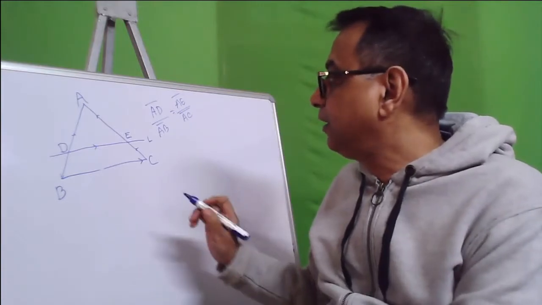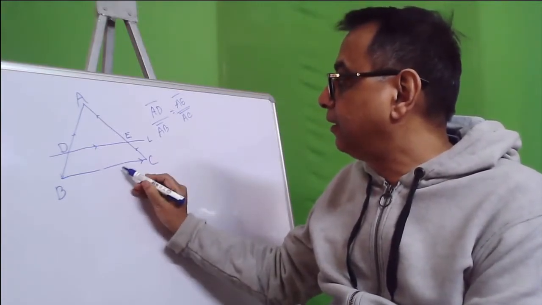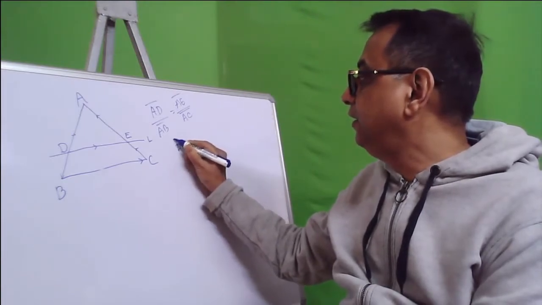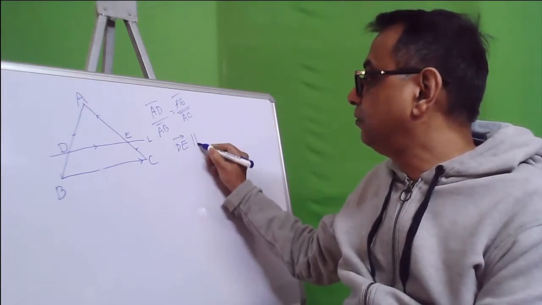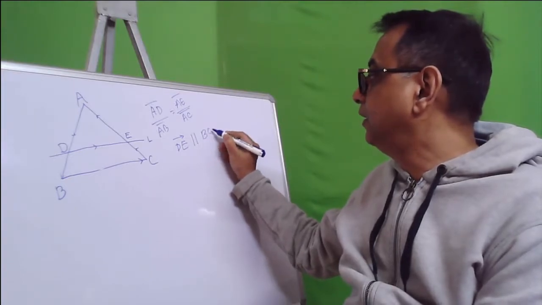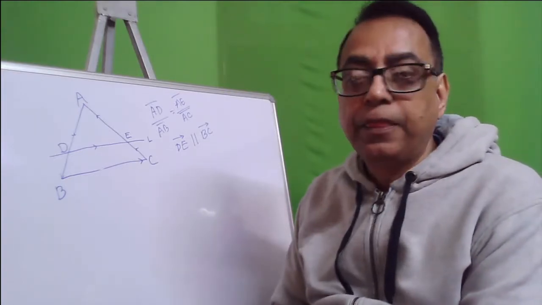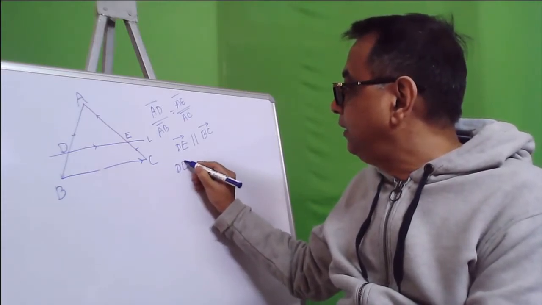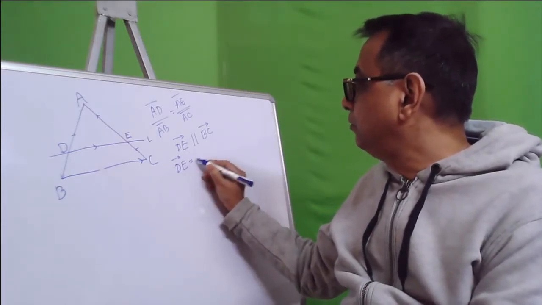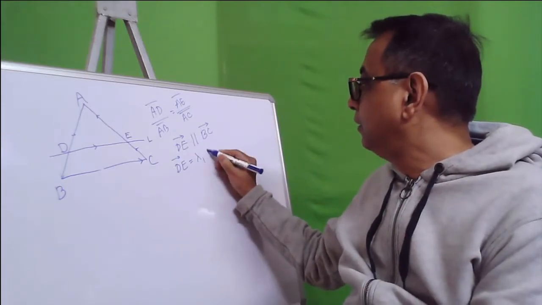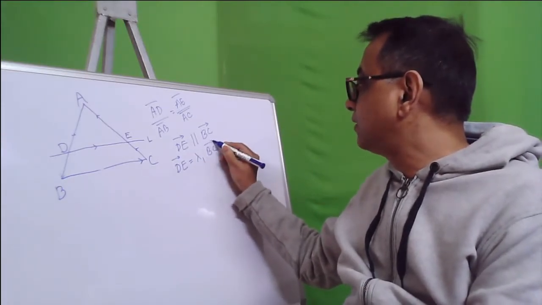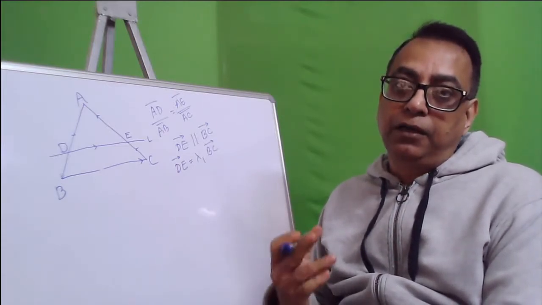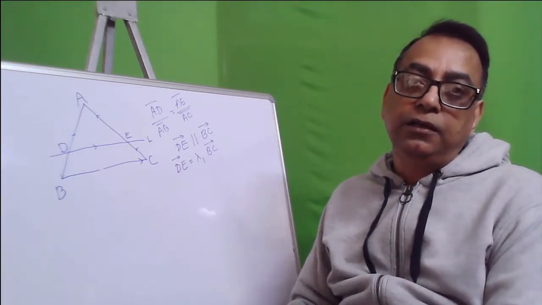Now what has been given? Given is that L is parallel to BC. So we can say vector DE is parallel to vector BC, or vector DE is equal to lambda 1 times BC. Since these vectors are parallel, one vector can be represented by another vector multiplied by a scalar quantity.